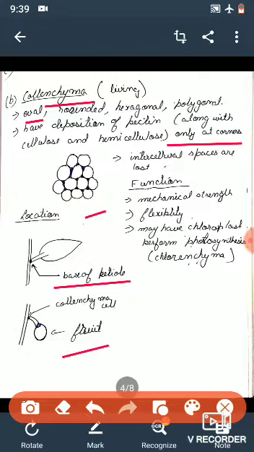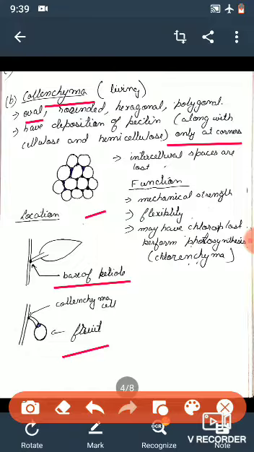Raw fruits do not fall off because of this collenchyma cells, because they provide mechanical strength. Yeah, the ripened fruits do fall off because of the abscisic acid, but that raw fruits do not fall off because of this collenchyma cells, because they provide mechanical strength and flexibility to the plant parts.